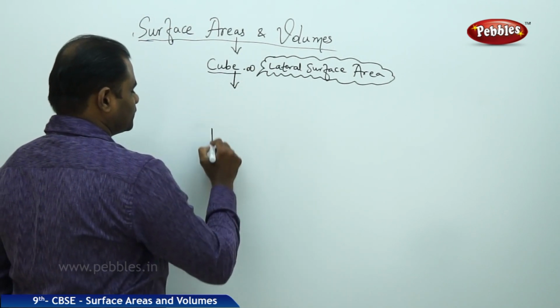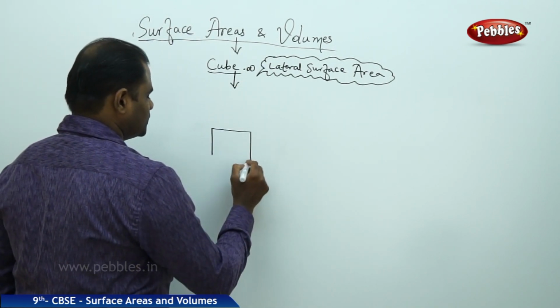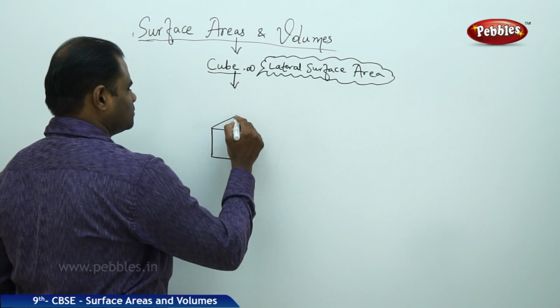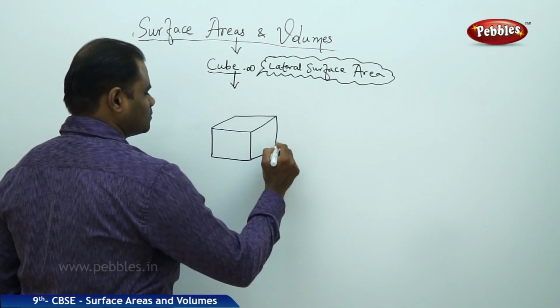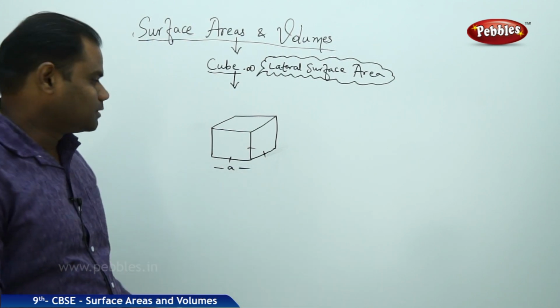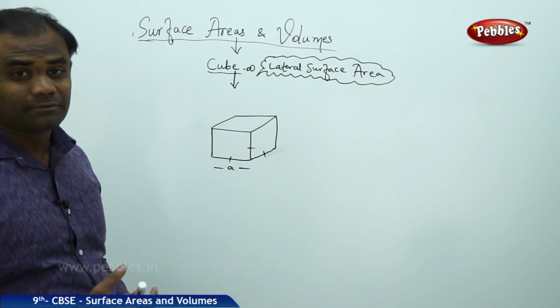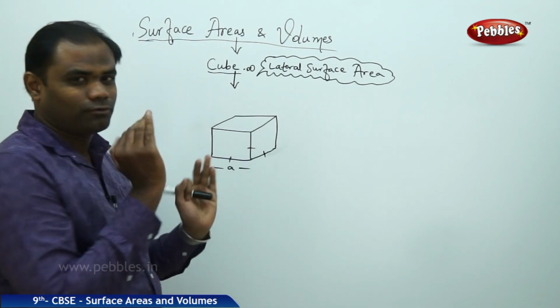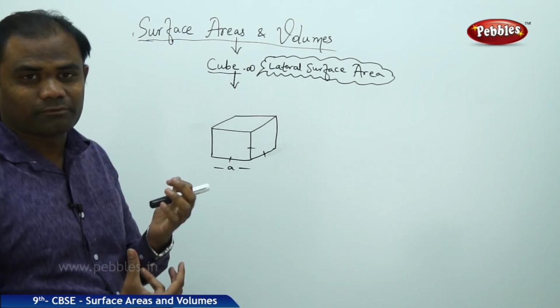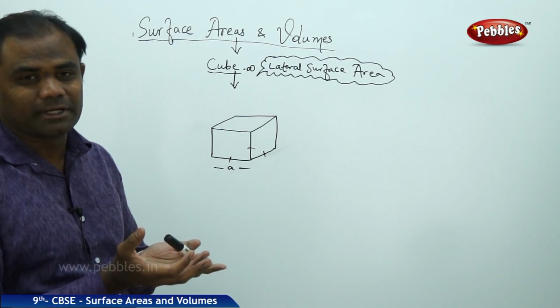So let's take the diagram. Here is the cube. Let's see the lateral surface area of this cube with side a. Clearly we see that there are 4 faces excluding the top and bottom face, which makes the lateral surface area.